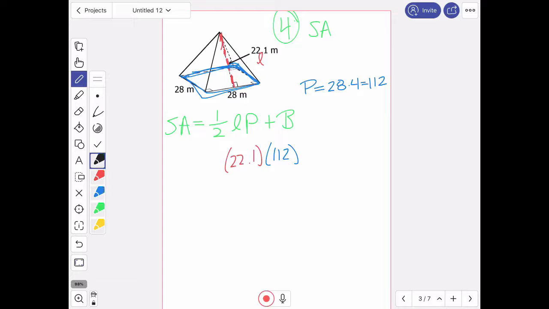And then I need my base area. My base area comes from, again, this rectangle on the bottom of the pyramid, which is my base. So my base is going to be 28 times 28, or 28 squared, to get 784.